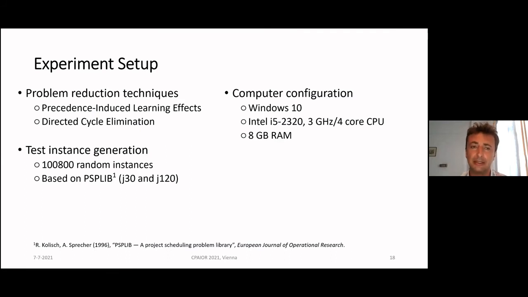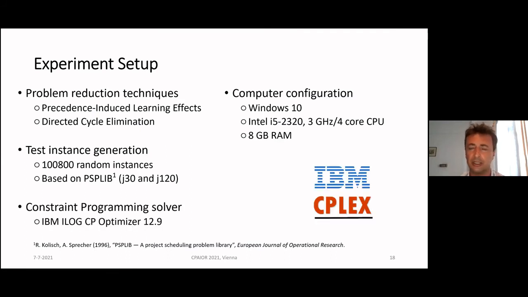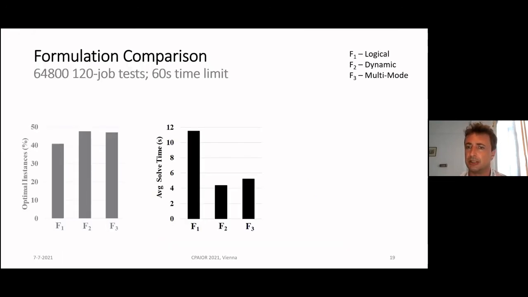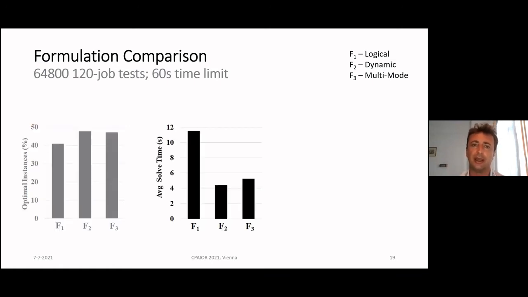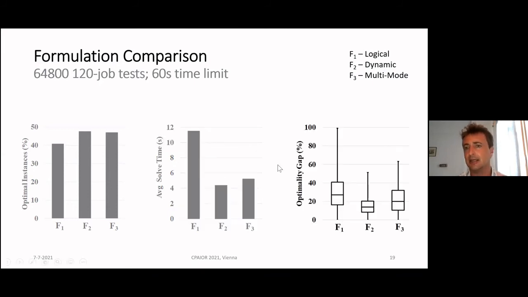Based on PSPLIB instances, 30 jobs and 120 jobs, the CP solver is IBM ILOG CP Optimizer in version 12.9. We first tried to isolate the formulation that works best for our setup, and we found that in terms of number of optimal instances, in terms of average solve time for the optimally solved instances, and in terms of optimality gaps for the not optimally solved instances, formulation number 2 was outperforming the other formulations.